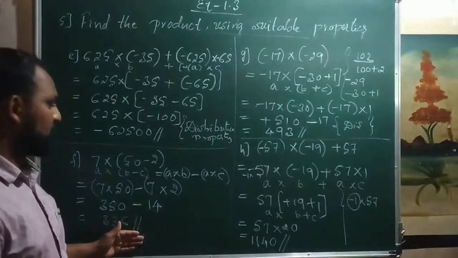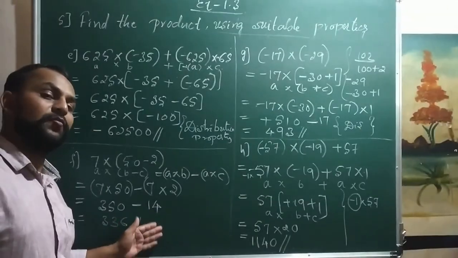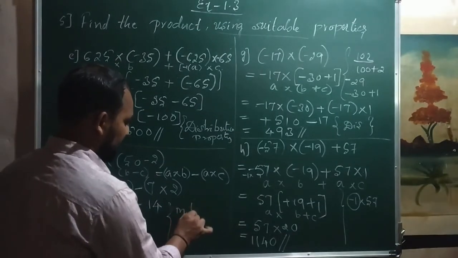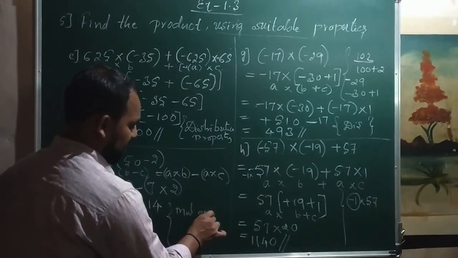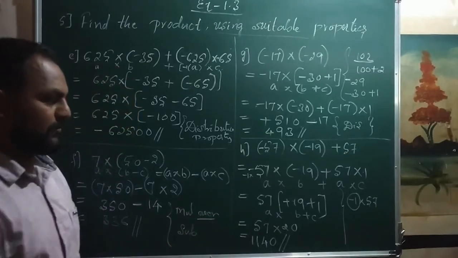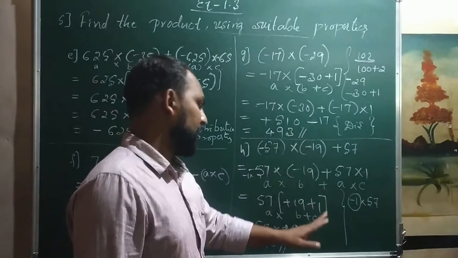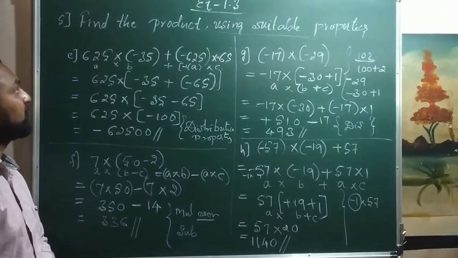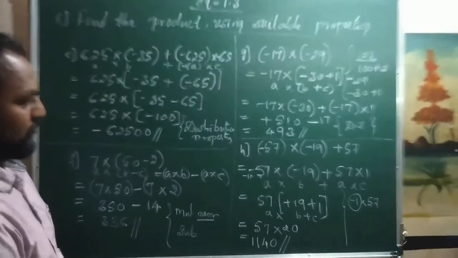Then this also is the distributive property, multiplication over subtraction, and this also is the distributive property. In that 1.3, now this is the fifth question. Okay.